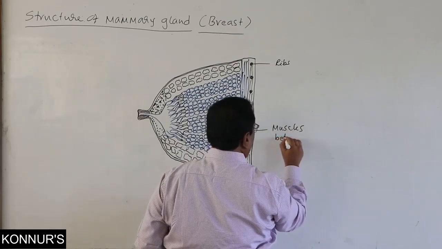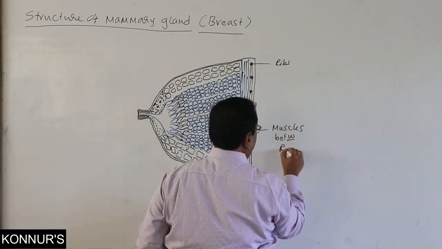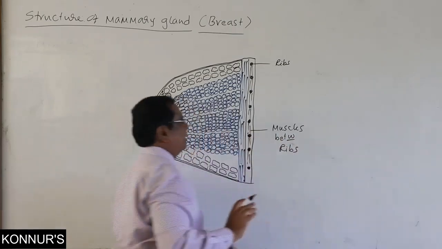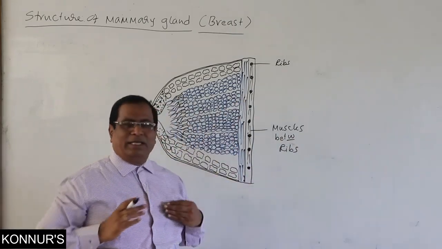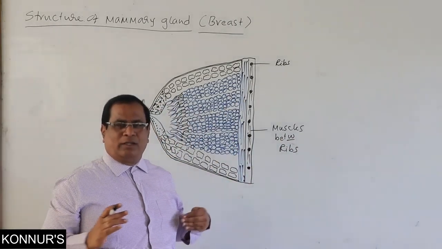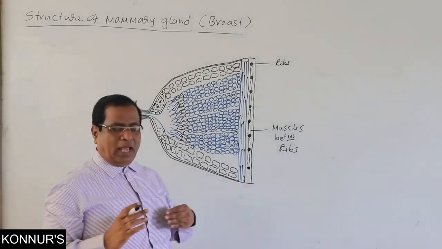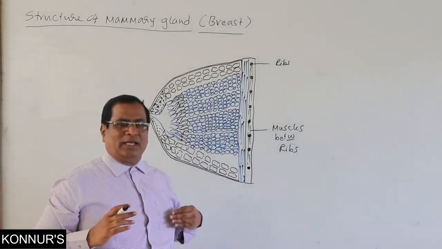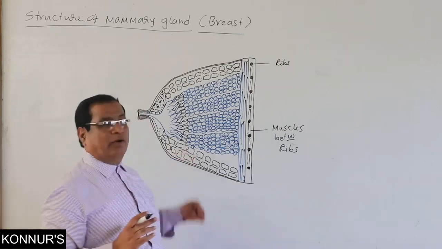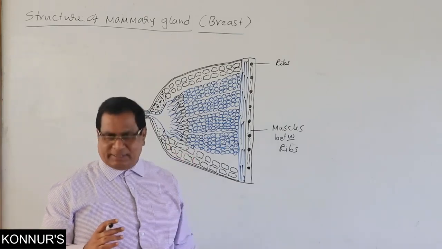These are between ribs, and this is a cover for the thoracic cavity. And from that thoracic cavity, externally, a pair of mammary glands are present.